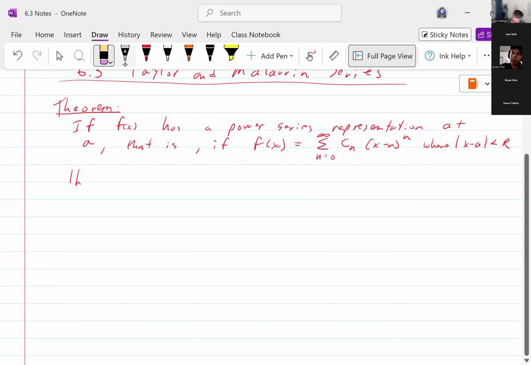Then its coefficients are given by the following formula.